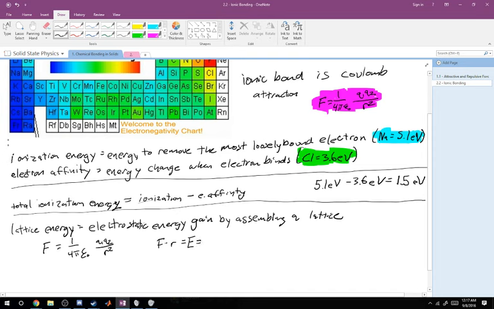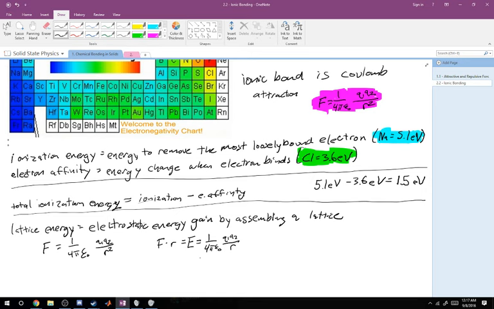So since we multiply this R out into the force, we're then left with 1 over 4 pi epsilon naught Q1 Q2 over R. So it's a little simpler because this R is factored out. So we know that is the energy there.